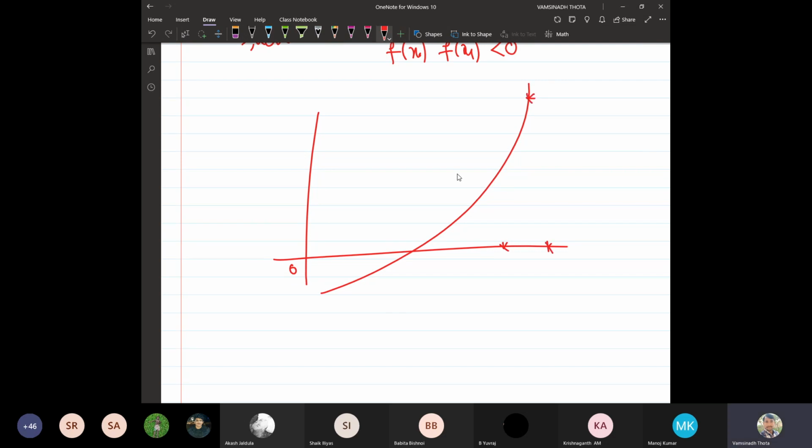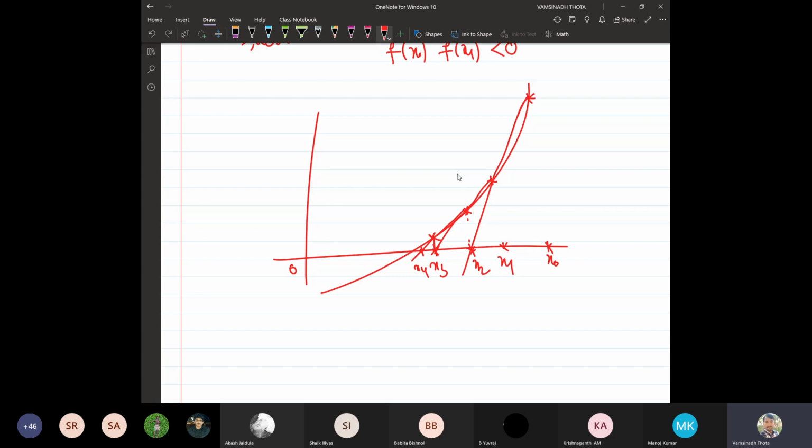Say this is x1, p, and this is the corresponding point q. Join these two, extend it, and we get this one here. This is x0, this is x1, this is x2. Now we have another point, and from there we join and extend, and then we obtain x3. We have obtained another one, and then again we extend. So this is how we got it in the secant method.